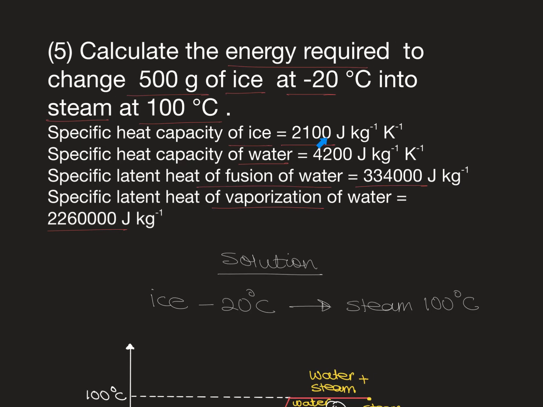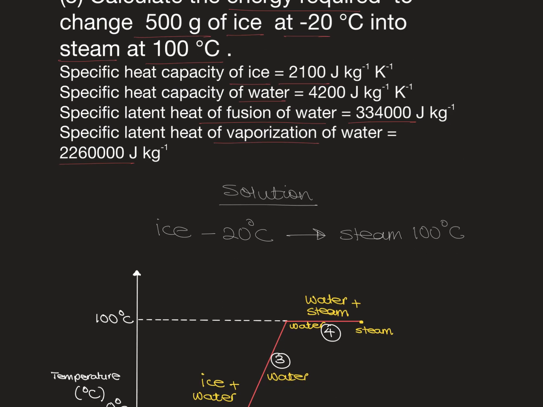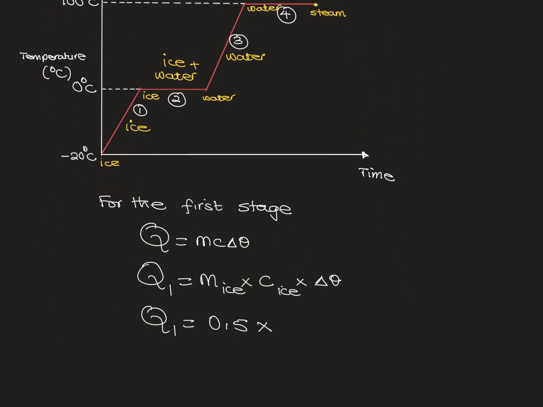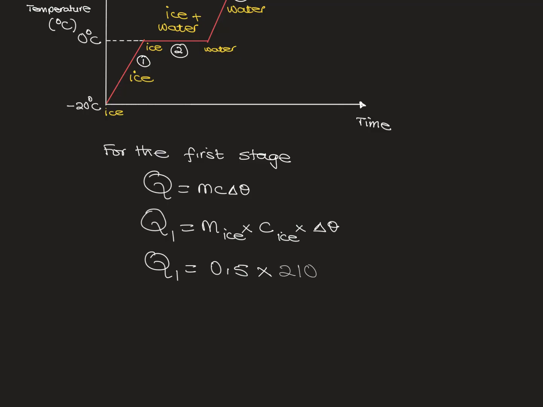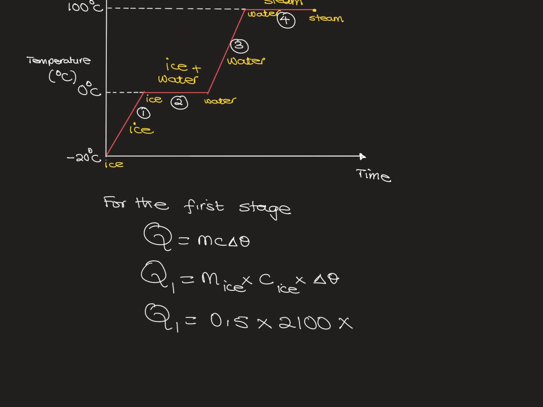The specific heat capacity of ice is 2100 joules per kilogram per Kelvin. 2100 times the change in temperature for the ice in stage 1, which is 0 minus 20, the final temperature minus the initial temperature.